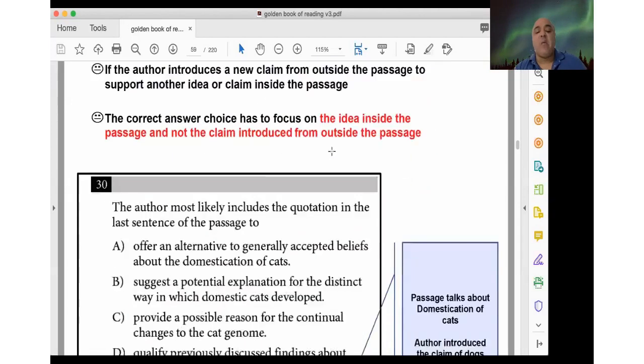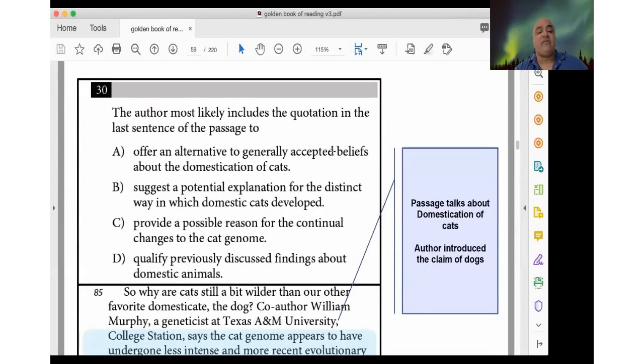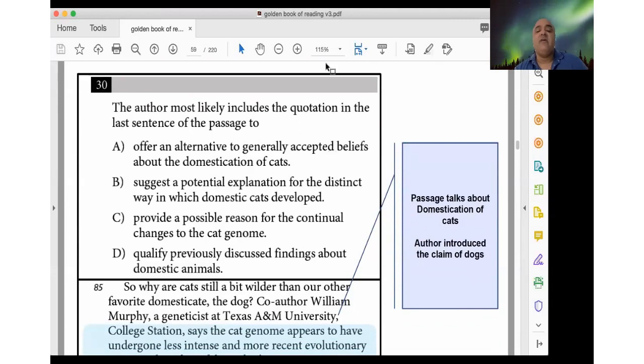I have an example I want to go through with you guys. Here is the question. It says the author most likely includes the quotation in the last sentence of the passage 2.